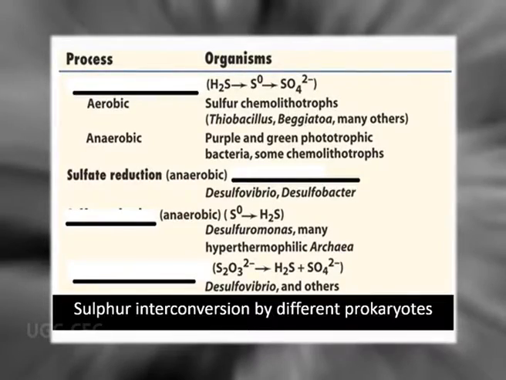There may be different forms of this sulfur interconversion, where we can see the aerobic organisms like Thiobacillus helping in the conversion of H2S to sulfate. Similarly, there may be the conversion of S0 to H2S by Desulfuromonas, or similarly Desulfovibrio will convert S2O3 to H2S. So these are the different microbial conversions of sulfur into different soluble forms.